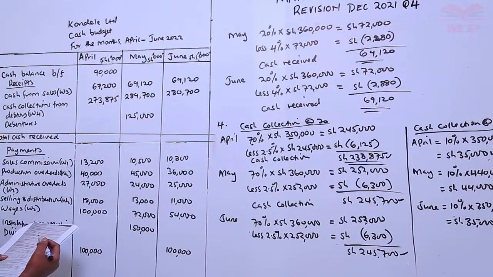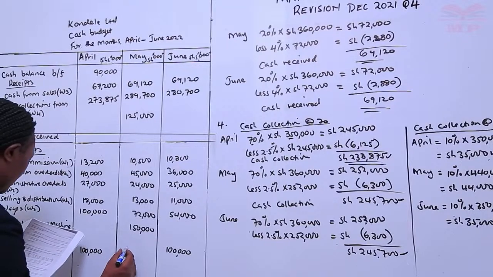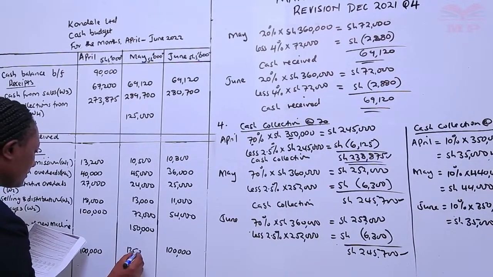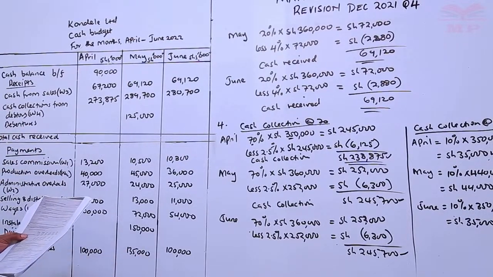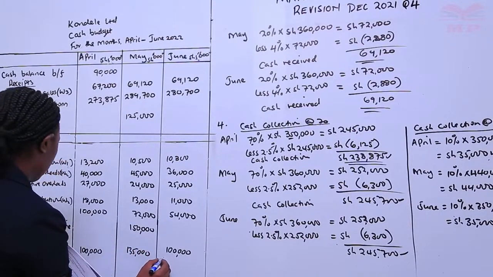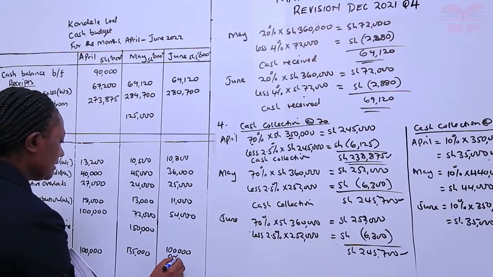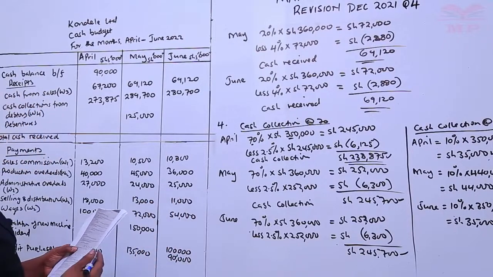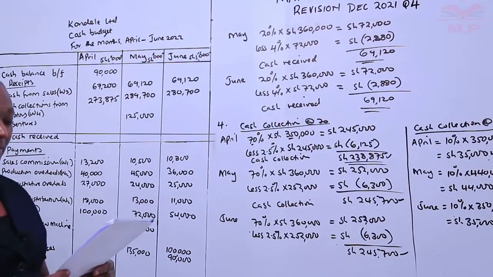And for May, we record for the month of March, which is 135,000. And for June, we record for the month of April, which in that case is 90,000. So that's how we make payment.